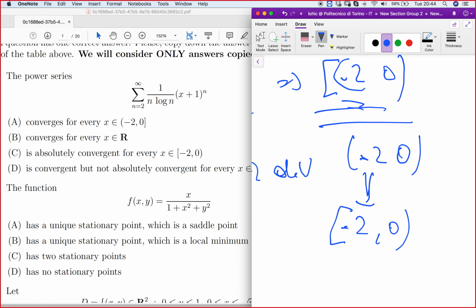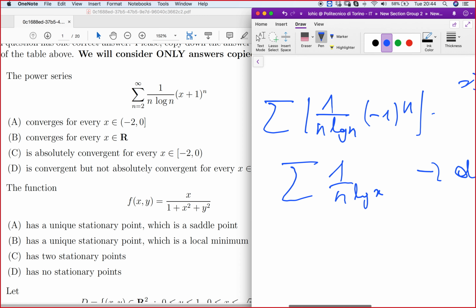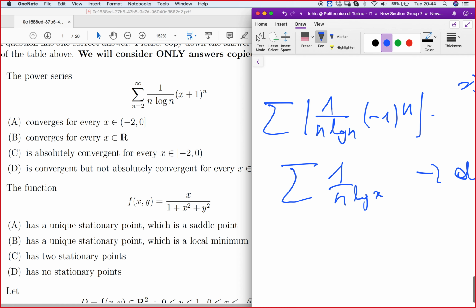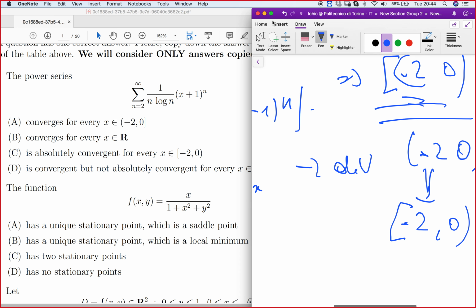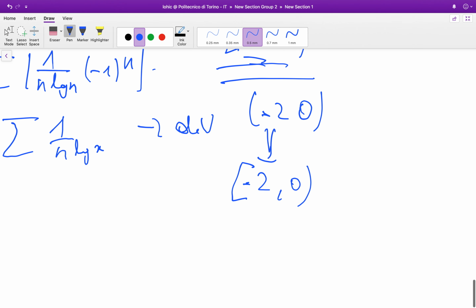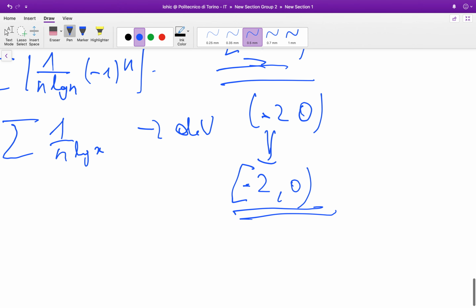But when we check the absolute convergence at -2, we see that the absolute convergence doesn't hold at -2. That's why we say that it converges in this interval, but as the absolute convergence does not hold at -2, we will say it converges in this interval but is not absolutely convergent at each point in this interval. So the answer is 1D.